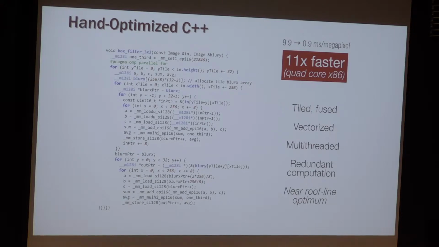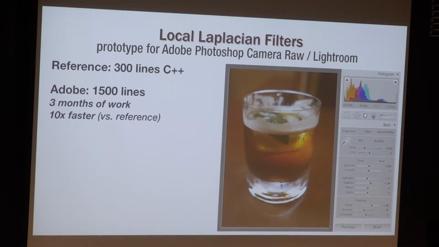This project started some time ago with one of the people who did it going to Adobe. They had something called a local Laplacian filter in Camera Raw, Lightroom, and Photoshop.